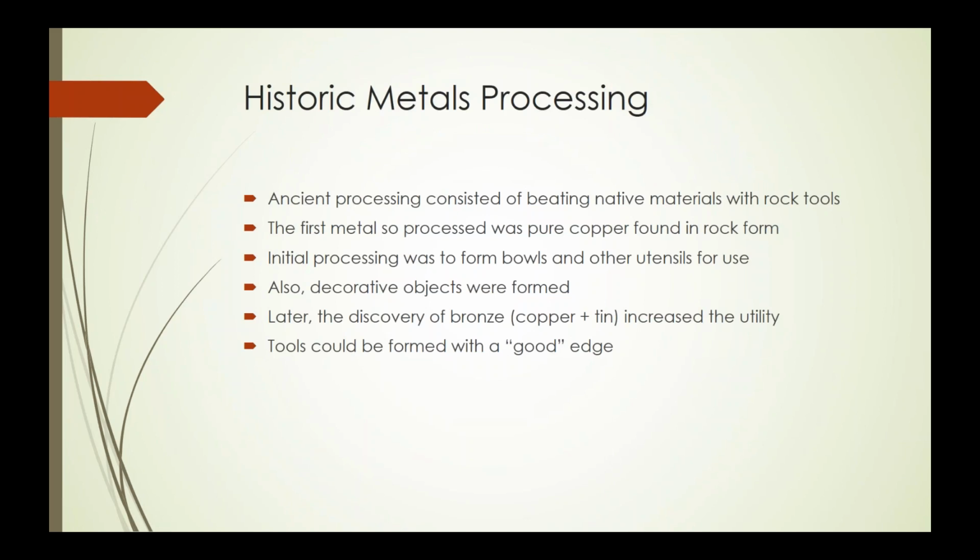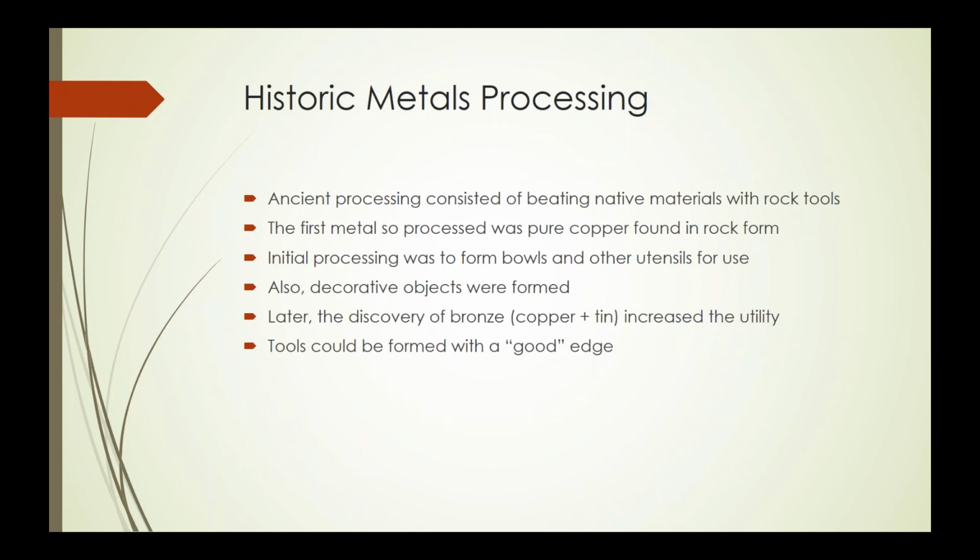Historically, metals processing in ancient times consisted of beating native materials with rocks. That sounds primitive, but since they really had no melting facilities, even as we've just seen, that had to be developed. Native copper was found essentially as a green or bluish rock just laying on the ground.